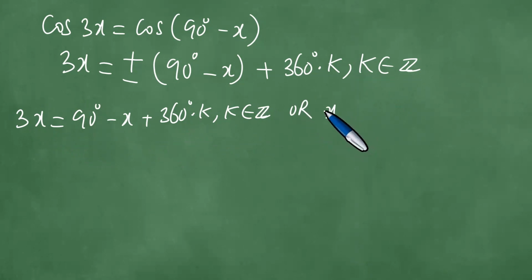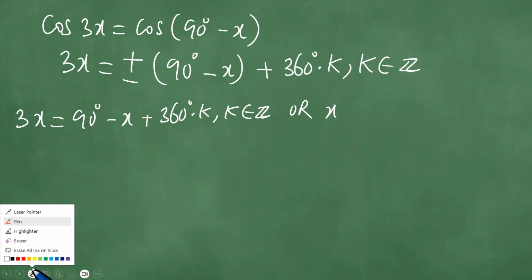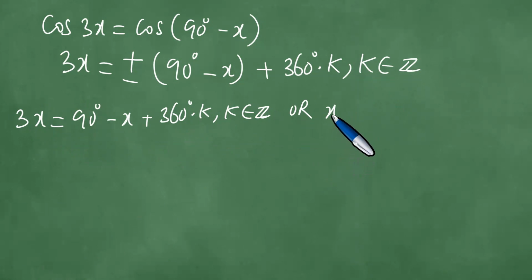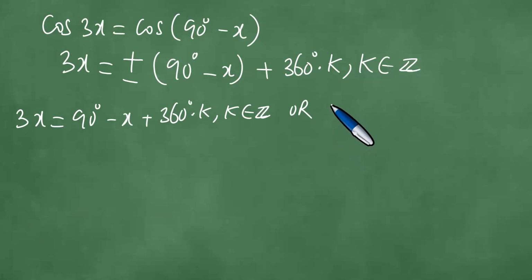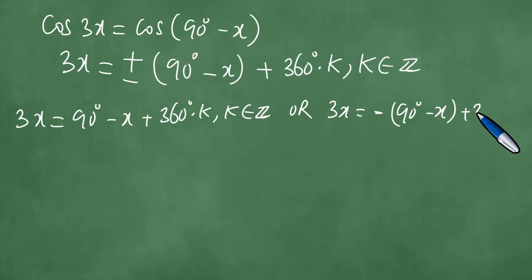Or we have 3x equals minus (90 degrees minus x) plus 360 degrees by k, where k is in z.